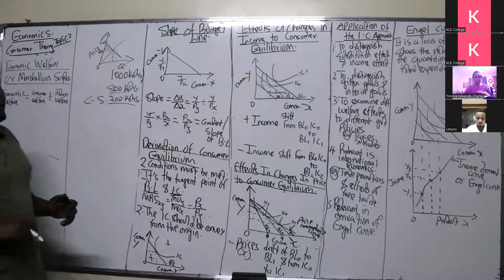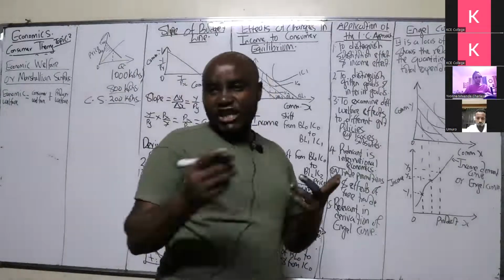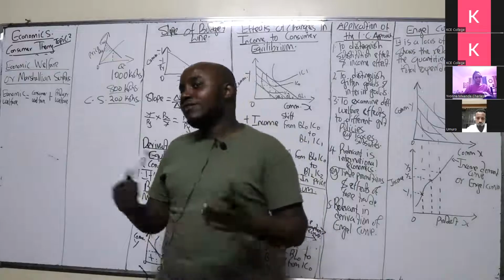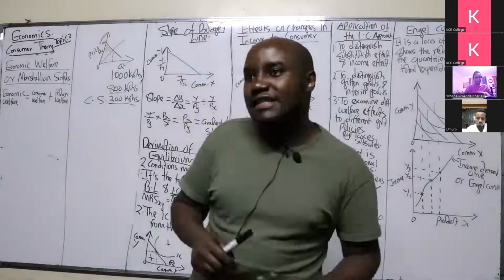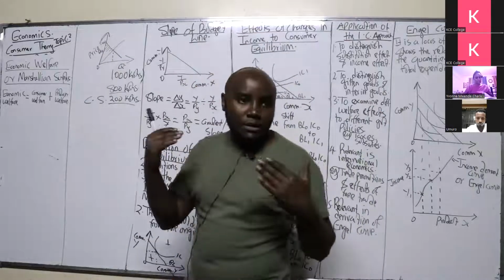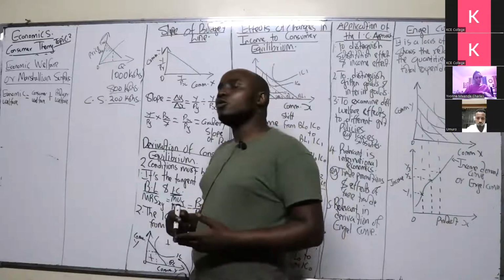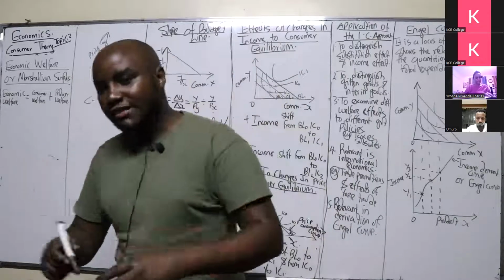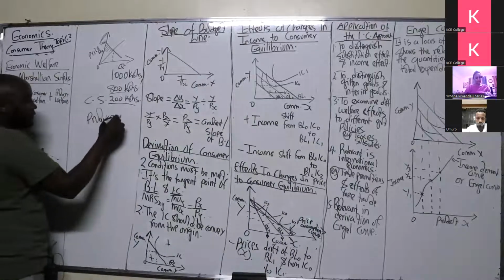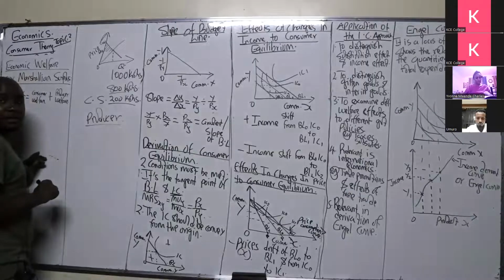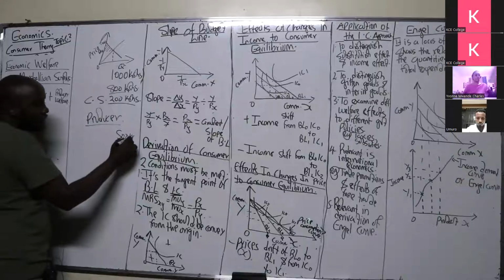What about the producer's surplus? Assuming you are the producer of this shirt, according to your research and your calculation and your profit, you're willing to sell this shirt at 500 Kenyan shillings.